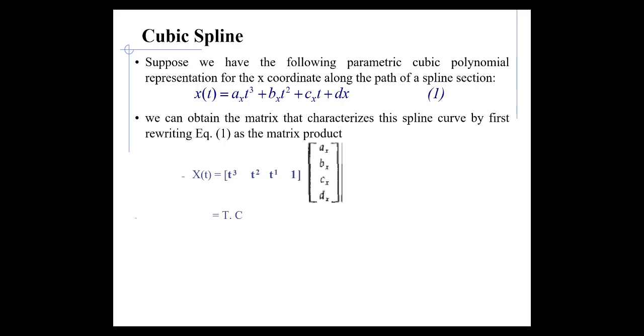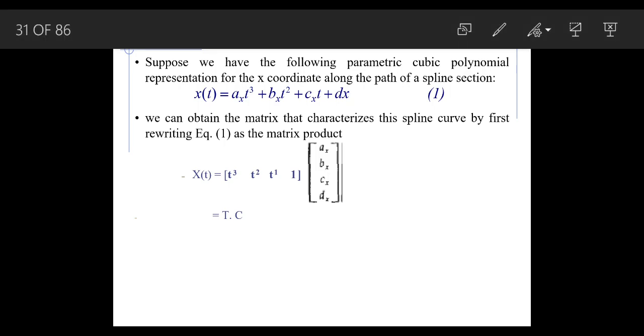Suppose we have the following parametric cubic polynomial representation for the x coordinate. For example, it is a 3D curve, so x, y and z, three coordinates are there. And t represents the position vector at that particular coordinate.